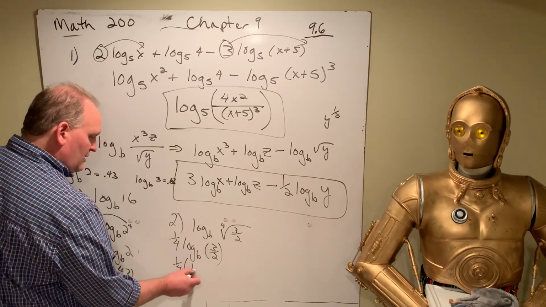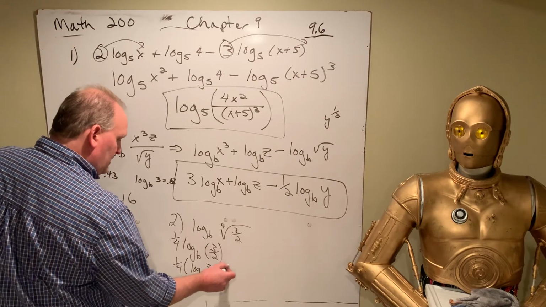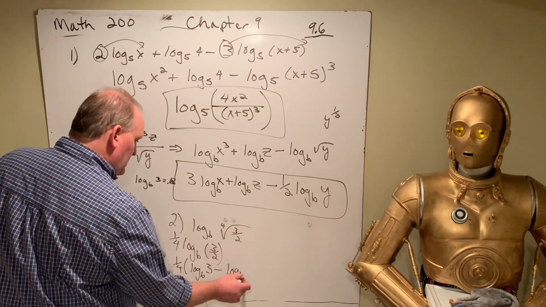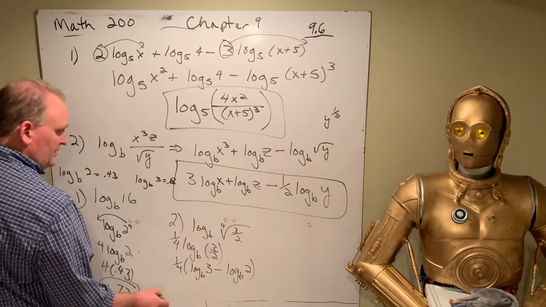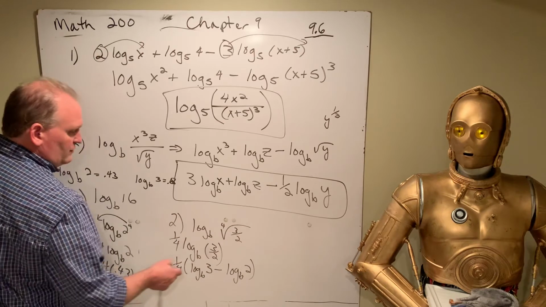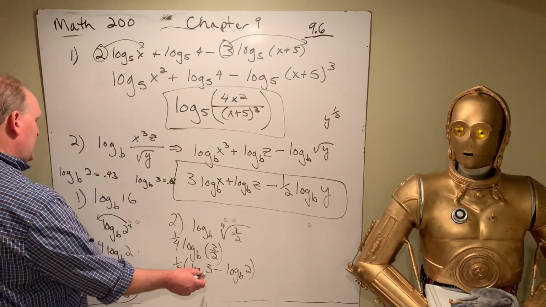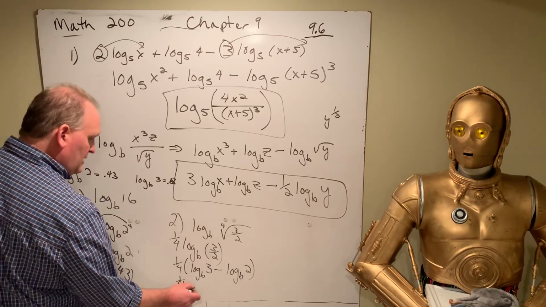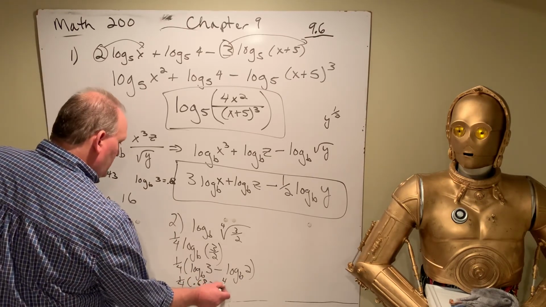And then I got log base b of 3 minus log base b of 2. So all times 1/4 when we're done, because that's times everything. It was on both of them, so we had to do parentheses on the 1/4. So we got 1/4 times, we know what that is. Log base b of 3 is 0.68 minus 0.43.